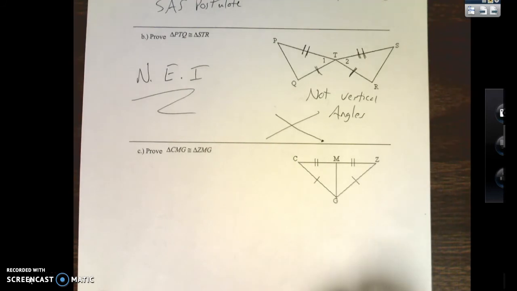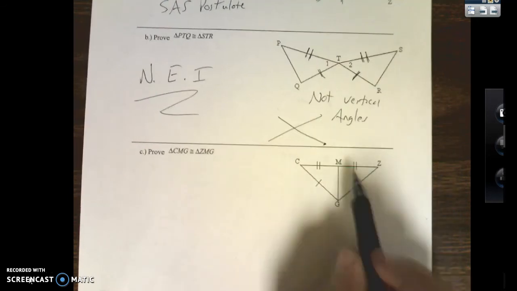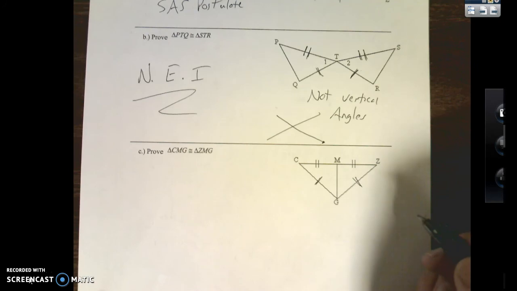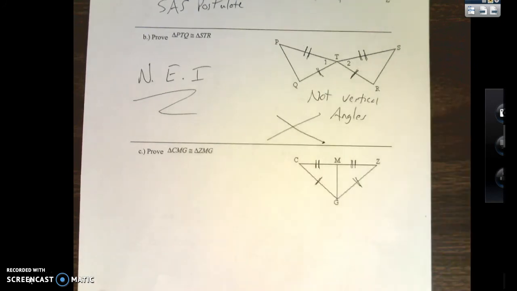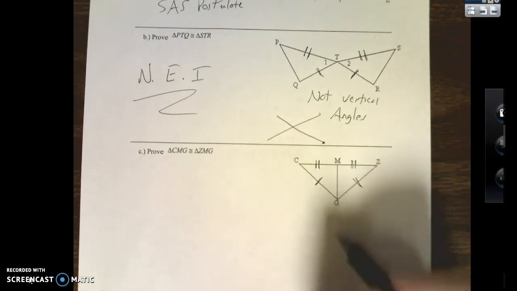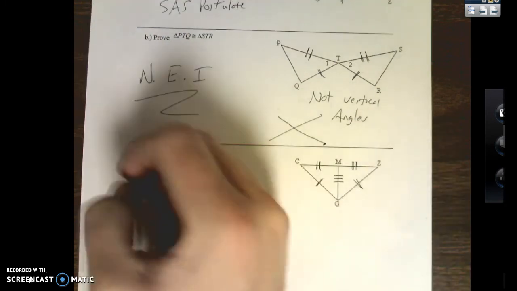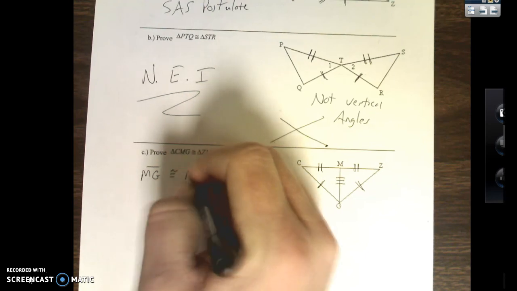Finally, prove triangle CMG is congruent to triangle ZMG. I have two triangles back to back. Okay, so CMG is right there, ZMG. I've got the first side CG and GZ. I've got the other side CM and MZ. Okay. So, the last thing I can say is they're back to back. All right. So MG is congruent to MG.